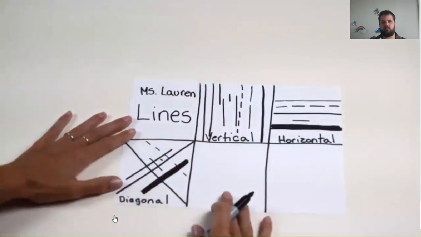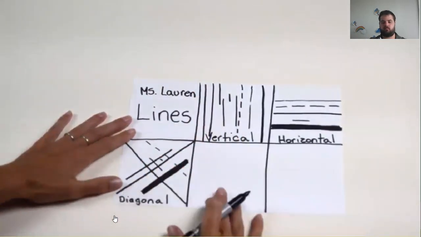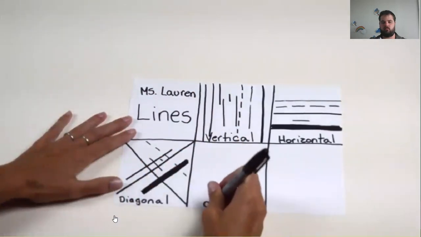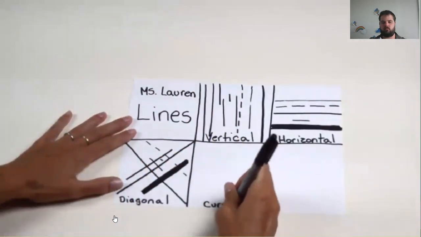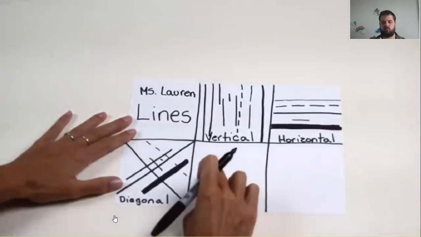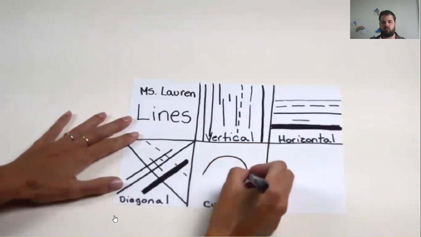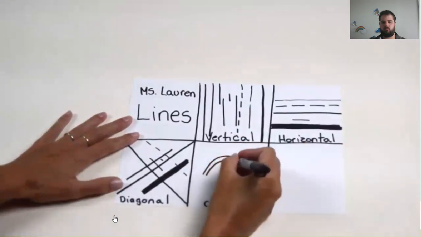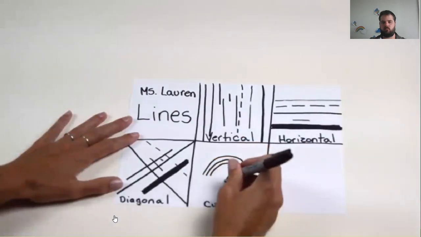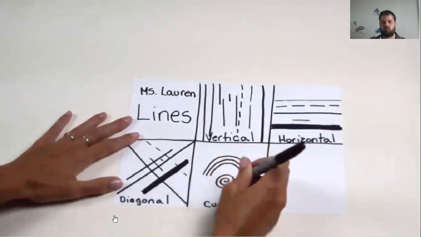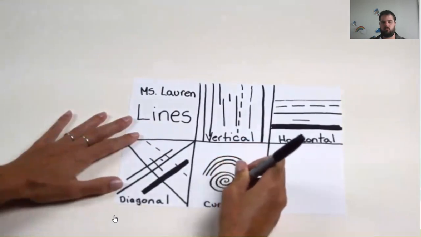Then in the next box, we're going to practice one of my favorites, and it's called the curved line. A curved line is fun. I think of it as like a rainbow, right? So you can have lots of curves. Or this is kind of fancy, some people call these fancy lines. Whee!